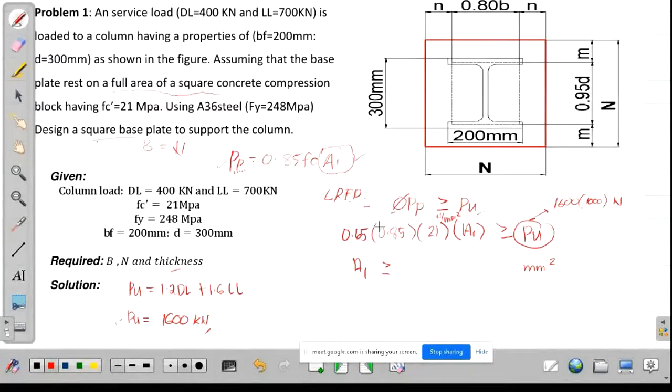So, ilan ito? That is equal to 137,901.31. So, I need to check if my calculation is correct. Is this correct? Dapat nakahanda na din yung calculator ninyo pag nag-Google Meet tayo.